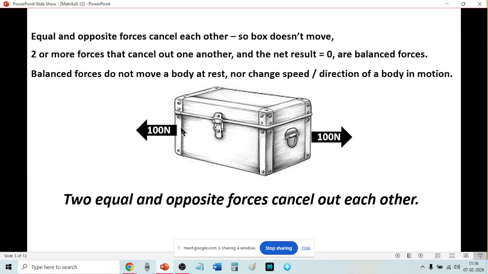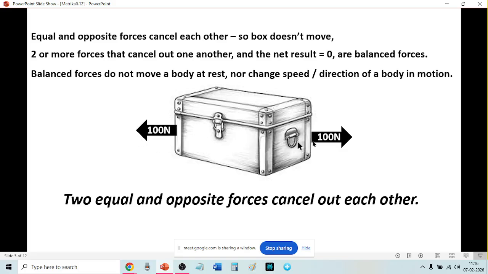Both are equal and opposite. The total is 0. So the box will not move because there are two equal and opposite forces.